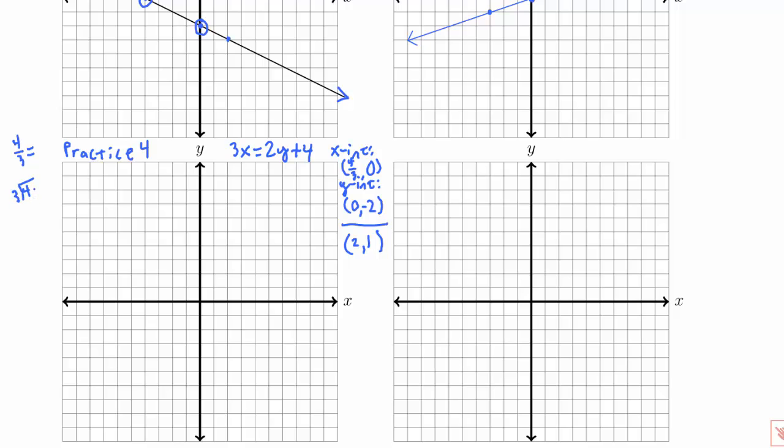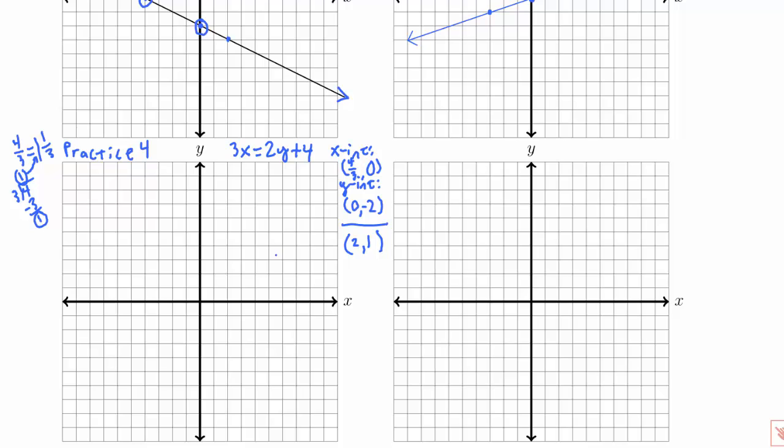How many times does 3 go into 4? Once. 1 times 3 is 3. Subtract, that gives you 1. 1 is less than 3, you're done. This is your remainder. So this 1 is your whole value, your remainder is your numerator, and your denominator is still 3. So it's 1 1/3, comma 0.